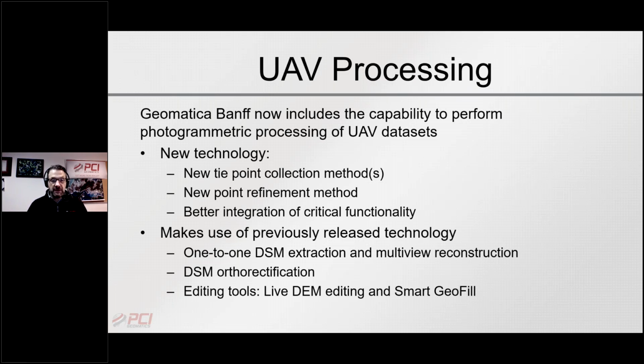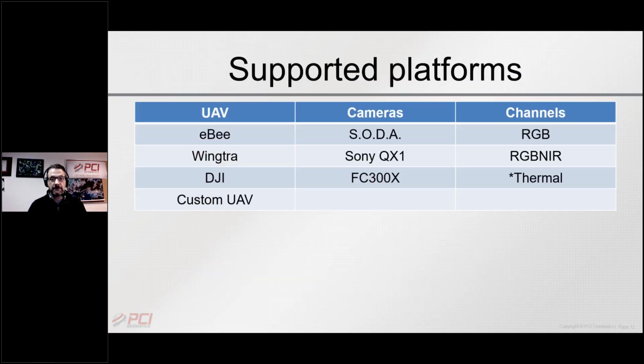We also have the ability to generate ortho images directly from the DSMs. And we have some really intuitive and easy to use editing tools for editing the DEM with the goal of improving the quality of the ortho imagery and then the resulting mosaic. And we also have some post-editing tools, things like Smart Geofill, and Jason will be showing you a little bit of that as part of today's webinar.